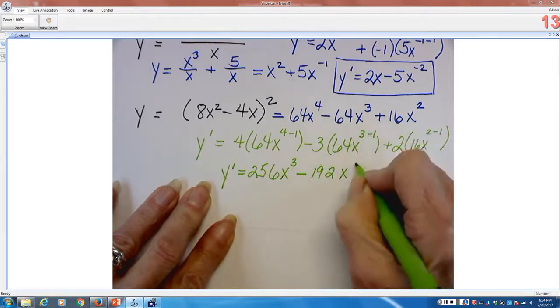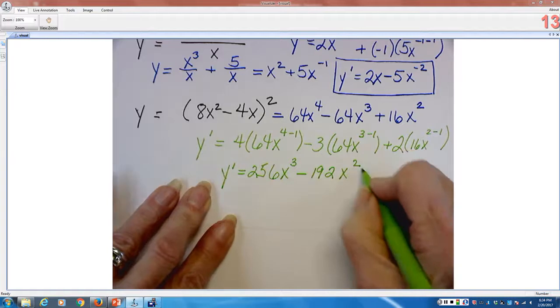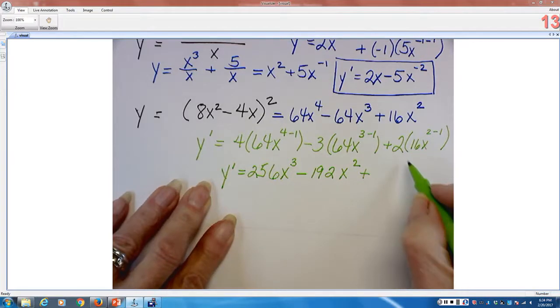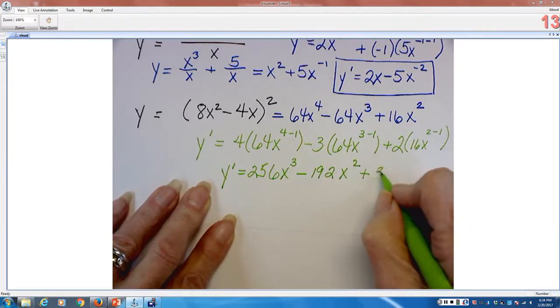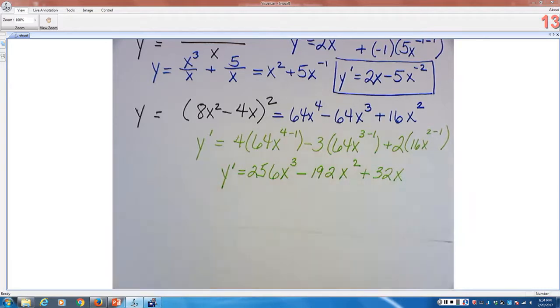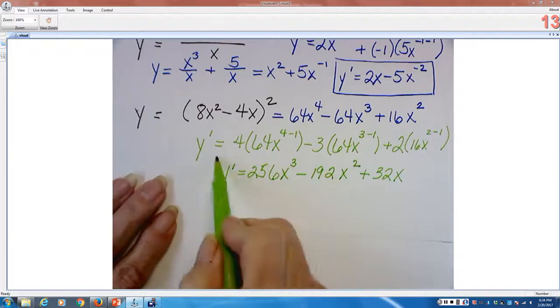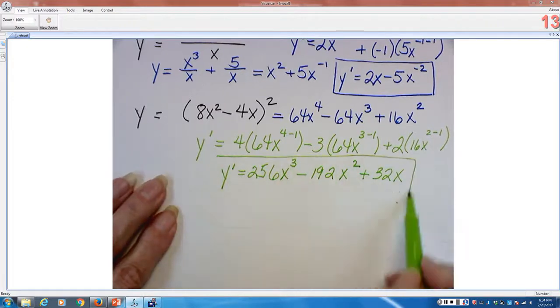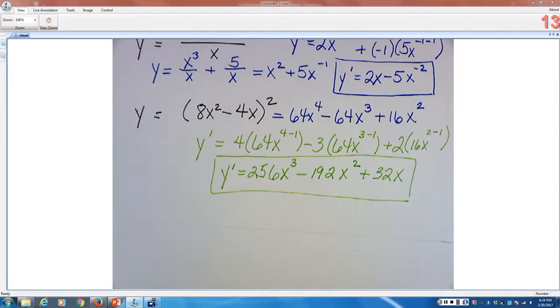X to the 3 minus 1 is 2. Plus 2 times 16 is 32. X, because 2 minus 1 is 1. So there's your derivative. Are there any questions over those?